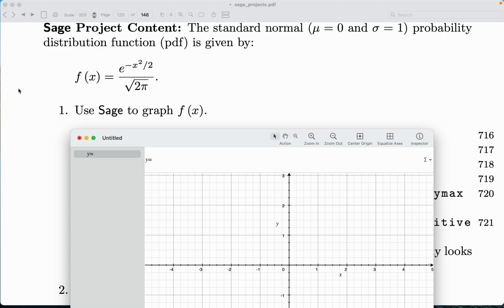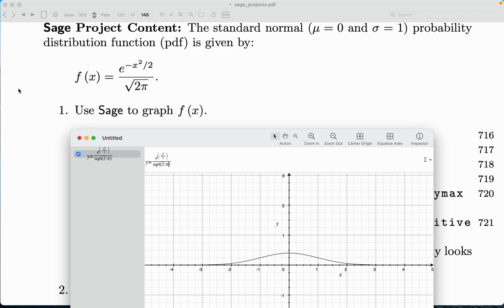That's y equals e to the power of minus x squared divided by 2, and this whole thing is divided by the square root of 2 pi.